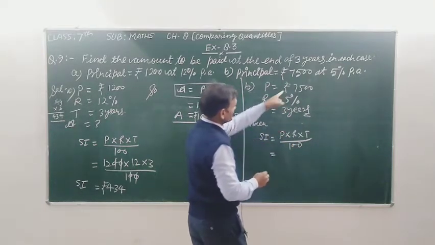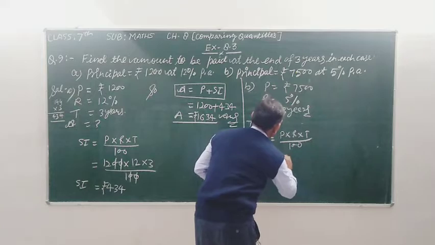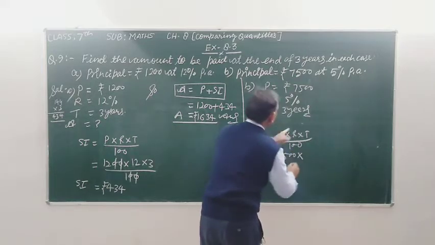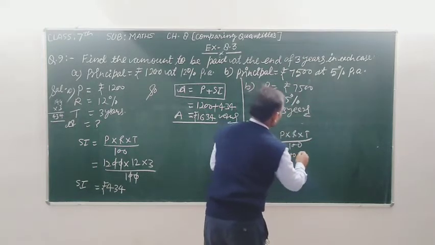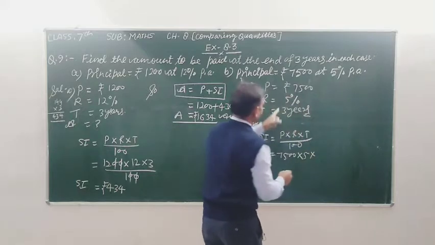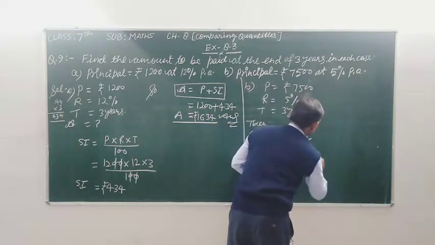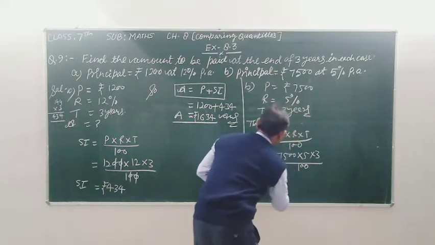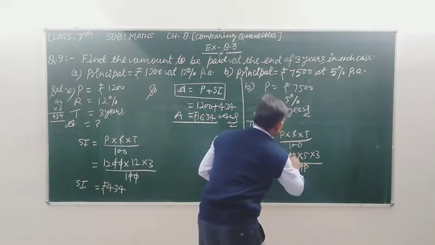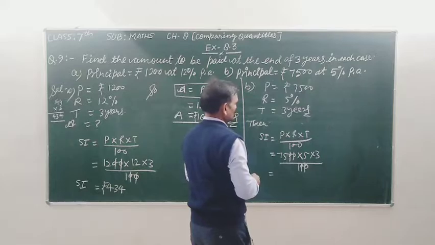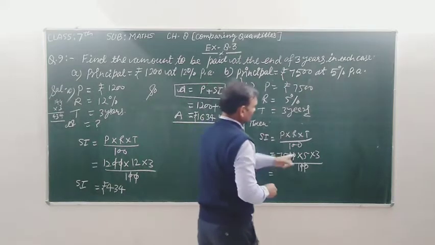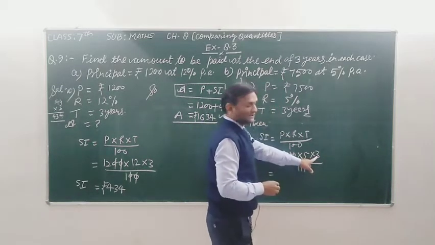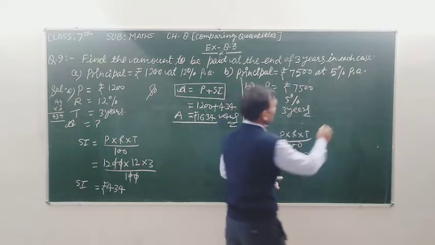P is 7500. This is principal. R is 5% for this part, and time is 3 years and upon 100. Now 20 cancel. Now 5 3s are 15. 15 into 75.